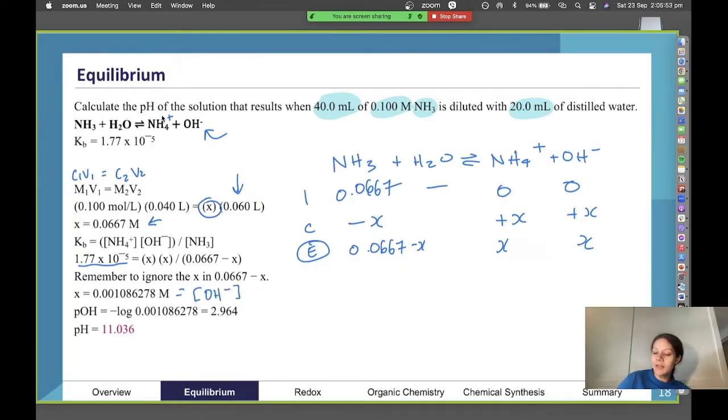If we take the negative log of our OH minus concentration, that gives us 2.964 as the pOH of the solution. Now we want to find the pH, so we go 14 minus our pOH, and that's how we get our answer of 11.036.